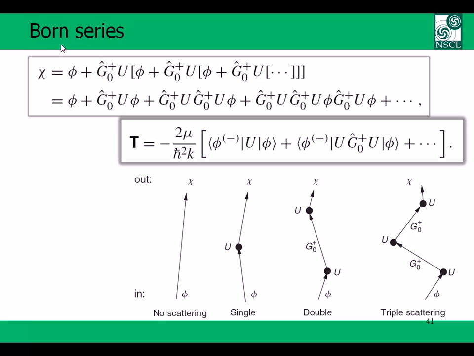So you've got the no scattering case, the single scattering case, the double scattering case, and the triple scattering case, in which you've got an operator that is the interaction that is causing this transition, and then you've got between interactions a propagator that takes you from one to the other. So this is the picture to have in mind when you do this, the Born series.